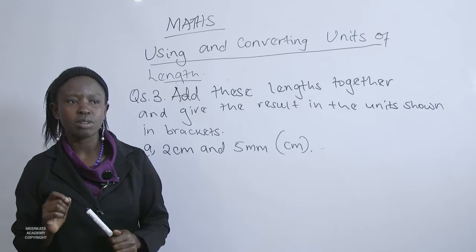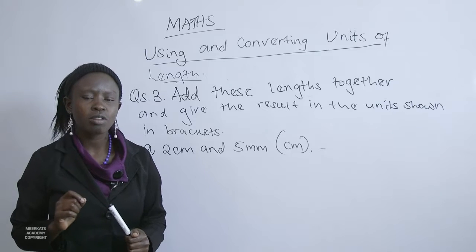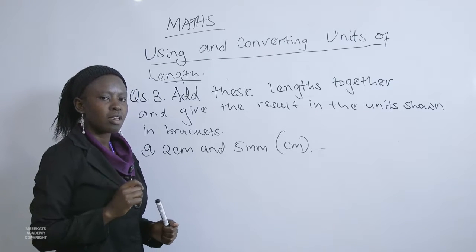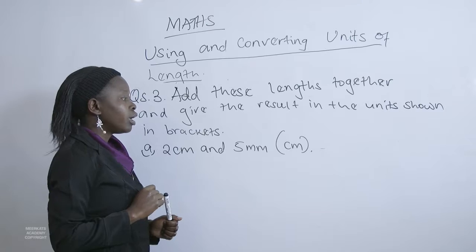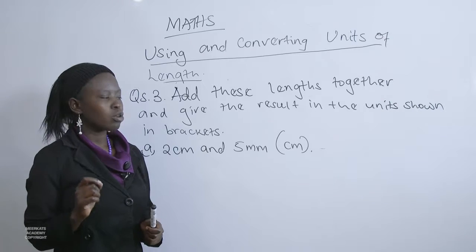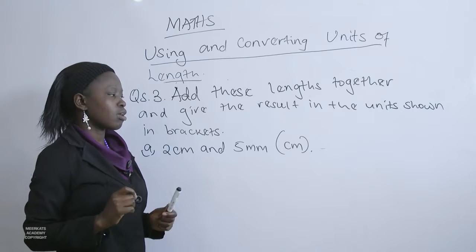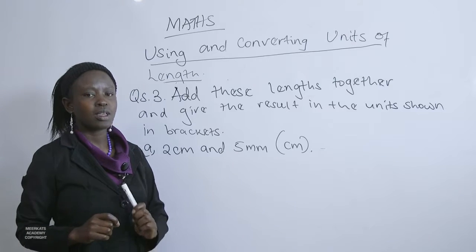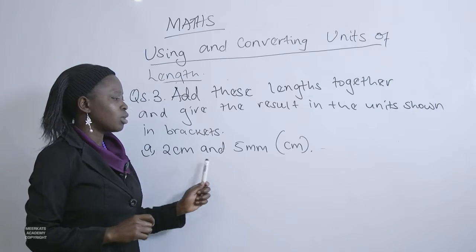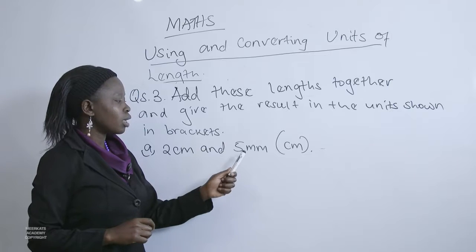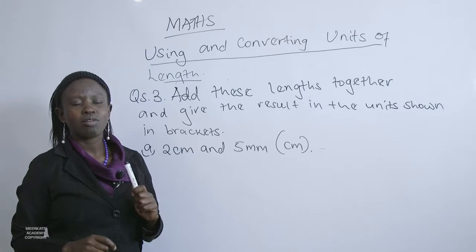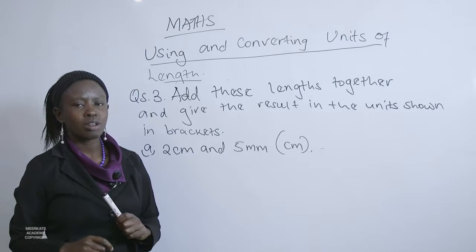We have to convert them first to the same units. Then after converting to the same units, we can go ahead and add. Since our question requires us to give the answer in centimeters, whatever is not in centimeters, I need to convert it to centimeters.